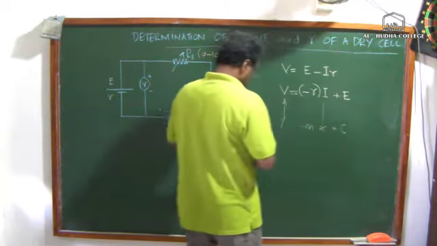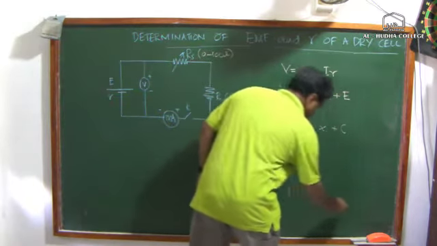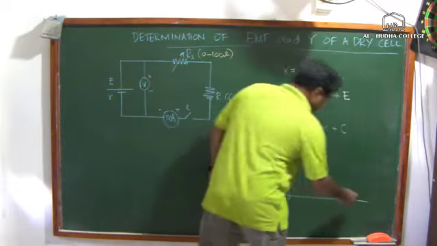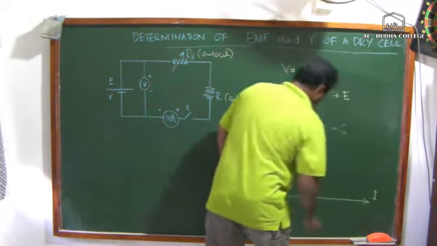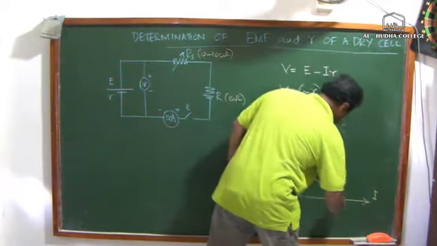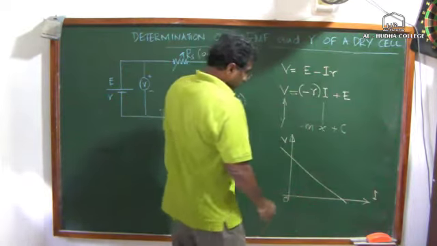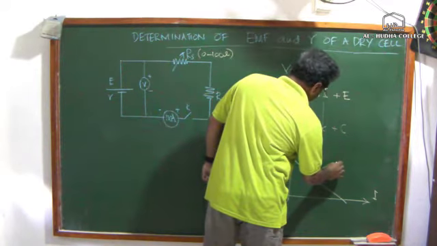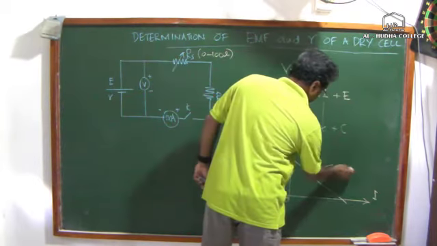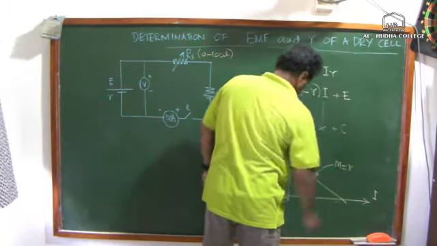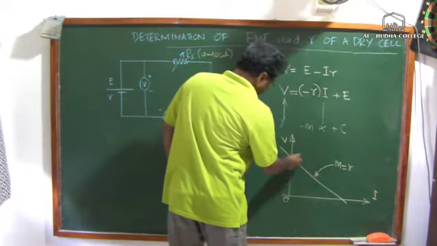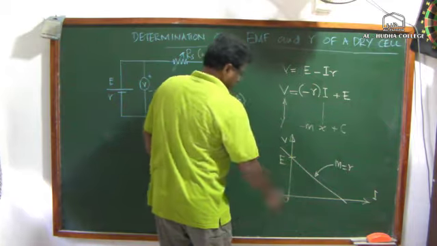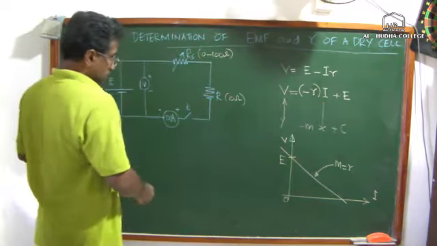So if you draw a graph between voltage and current, that graph will go like this, and if you measure the slope, it is equal to the internal resistance, m equal to R. Then this cutting point is E. So that is a mathematical derivation.